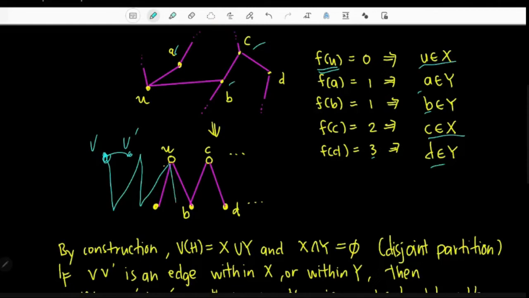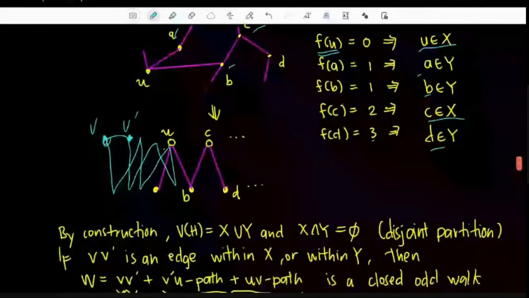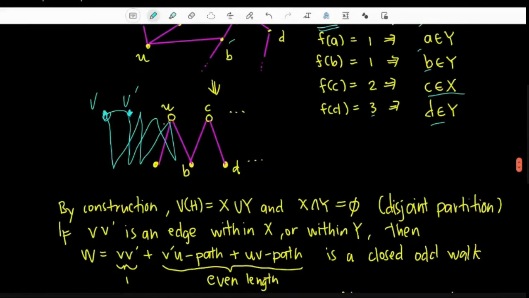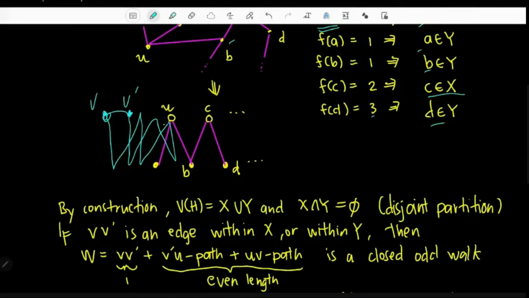If both V and V prime belong to X, then those paths are both even. So, even plus even is an even length if you connect those two paths, the V prime path and the V path. Now, what if both V and V prime are in Y?